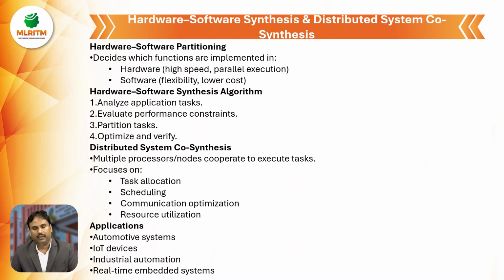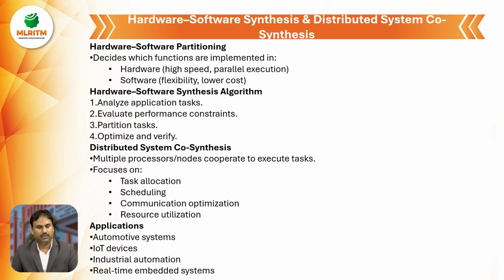So finally, using this hardware software co-design, we are able to design or develop an embedded system. It will be useful for various applications like automotive systems, where hardware and software are performed in parallel and all functions are done in parallel.